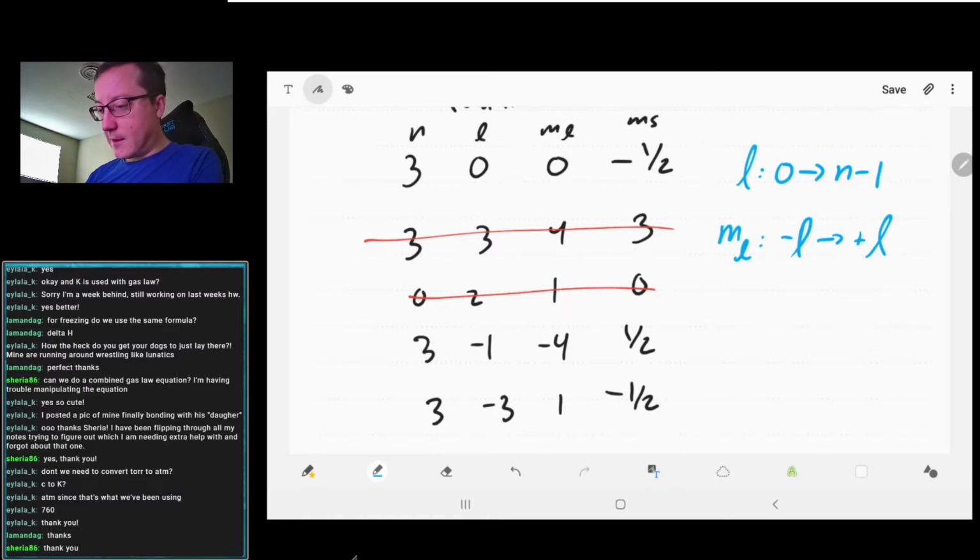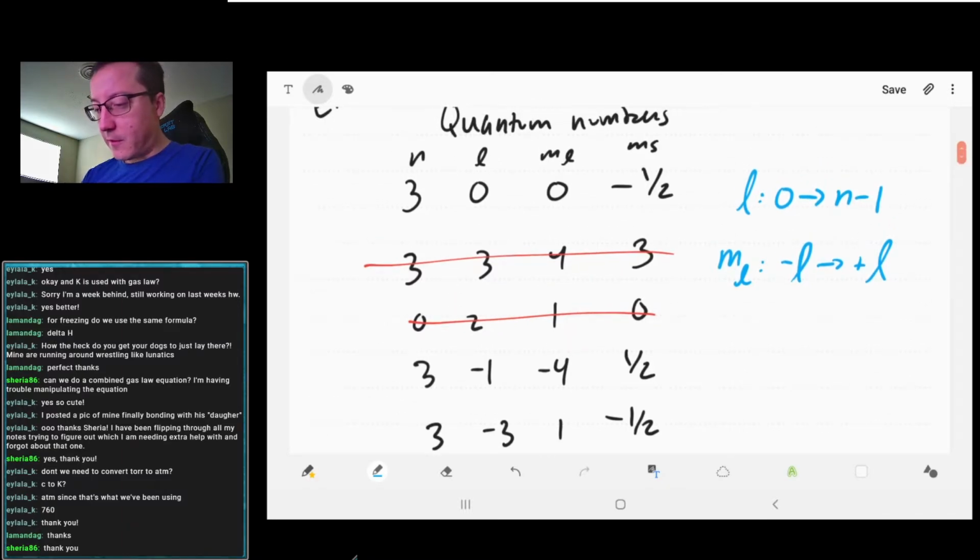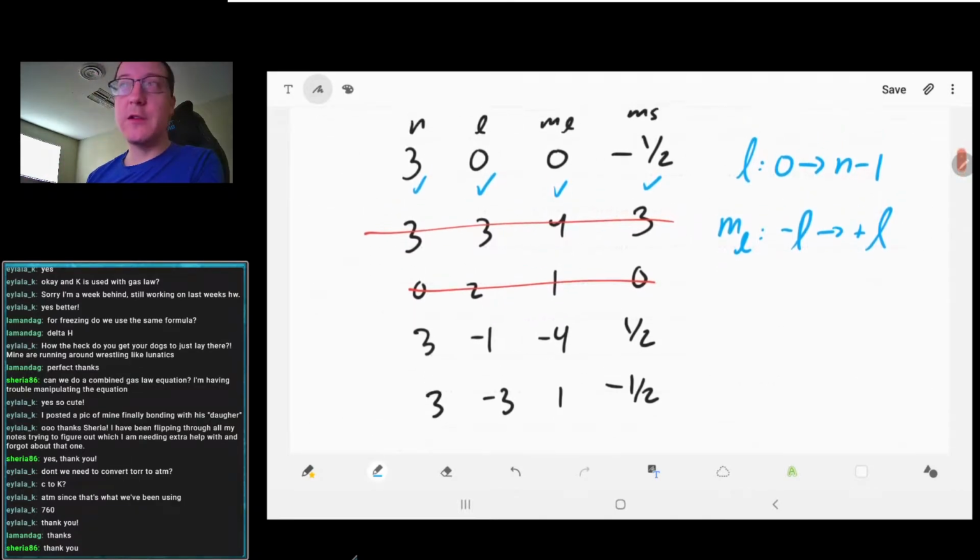So let's look at that. For n equals 3, can l be 0? Looks like it. If l is 0, can m_l be 0? Yeah. And can m_s be -1/2? Looks good. So that set up top looks okay. Of course, n could be 3. Let's just go ahead and look at the others just to make sure.